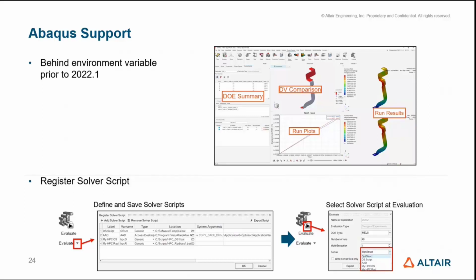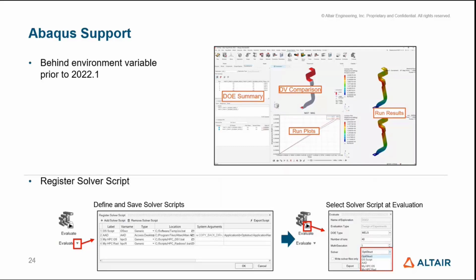We actually wanted to expose it for 2022, but due to other technical reasons, it remained behind the environment variable. So this is more just a note for everyone that if you switch to the Abacus solver interface, you will see Design Explorer. The ribbon will be there, and you can use it, and it should work similarly, as well as for OptiStruct, Radioss, and also LS-DYNA, which had previously been exposed.